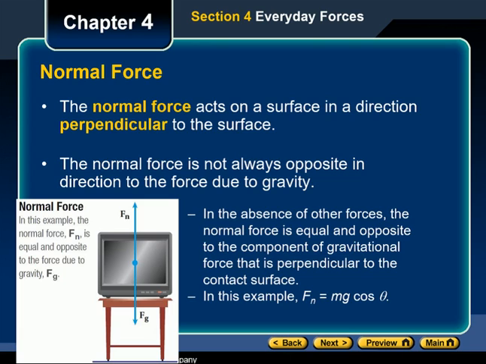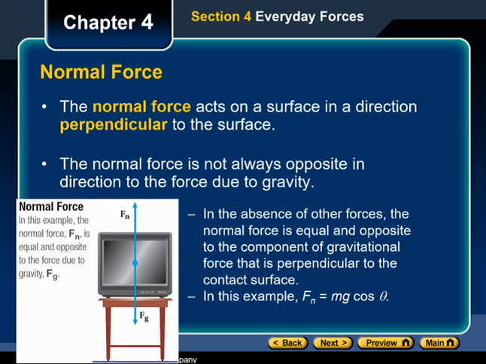The normal force. Imagine a television set at rest on a table. We know that the gravitational force is acting on the television. How can we use Newton's laws to explain why the television does not continue to fall toward the center of Earth? An analysis of the forces acting on the television will reveal the forces as they are in equilibrium.